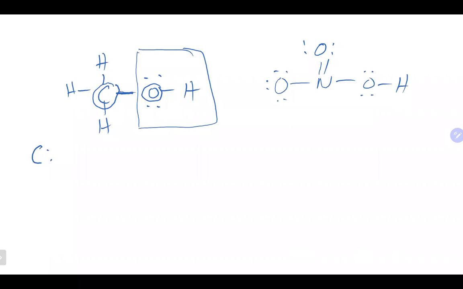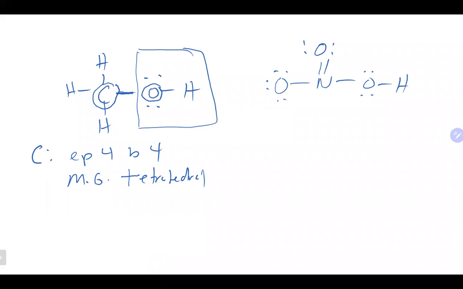So how many electron pairs would it have? It would have 4. How many bonds? Which means for the molecular geometry here, it should be tetrahedral.